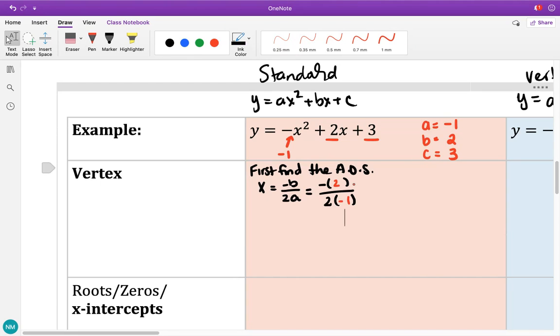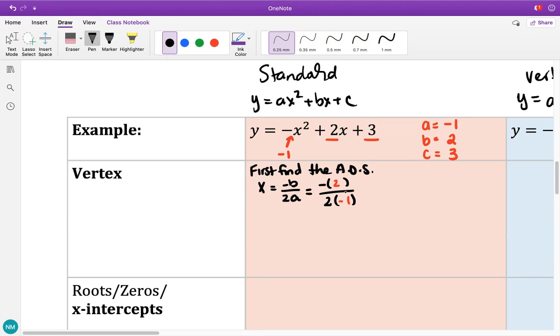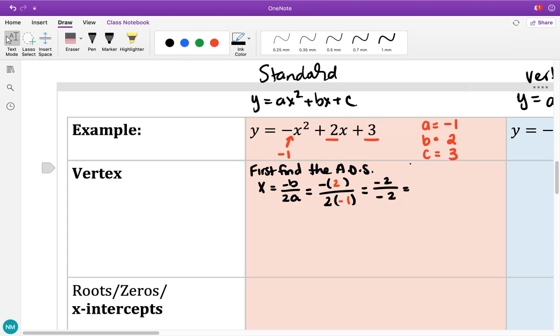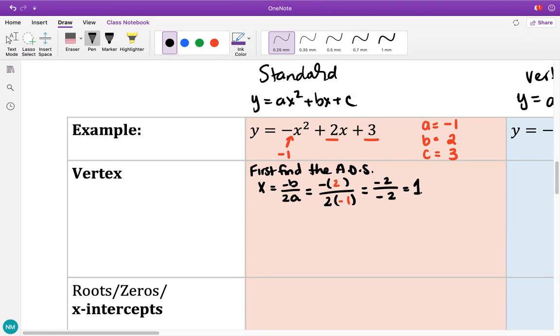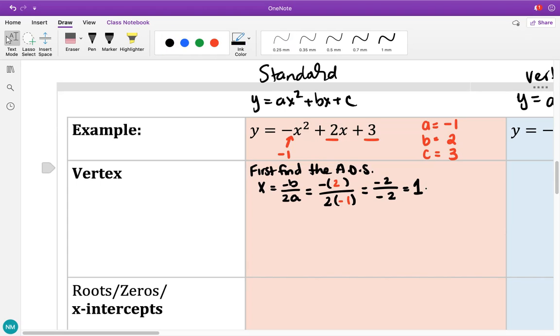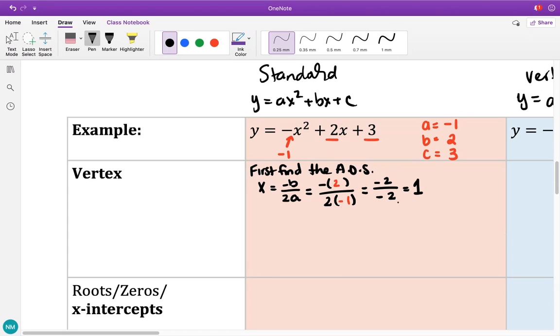Negative 1. So we have negative 2 over negative 2, because 2 times negative 1 is negative 2. Negative 2 over negative 2 is 1. So we have x equals 1 as our axis of symmetry.